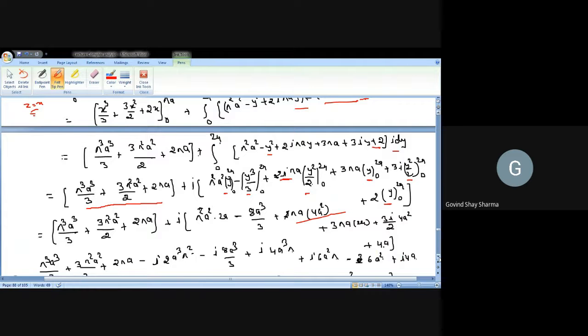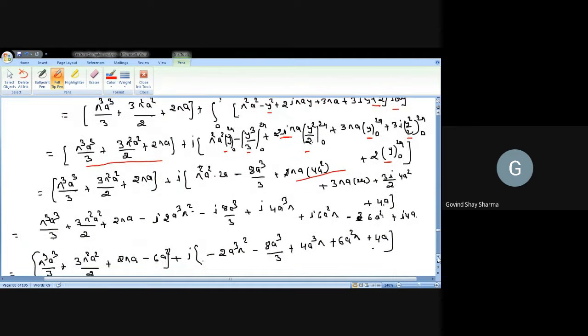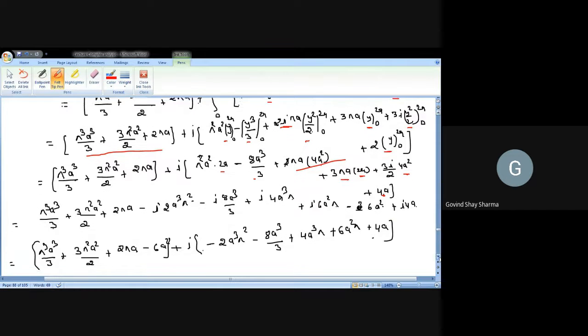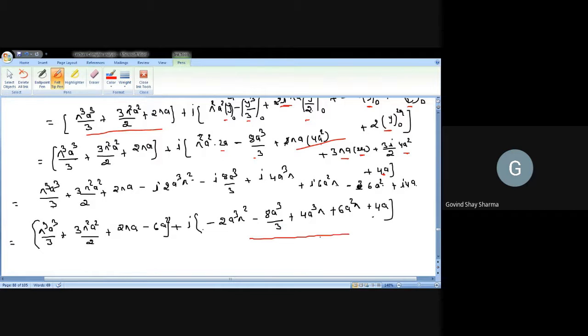Simply we put the limits: y from 2a minus 0, so it's 2a; 2a minus 0 gives 8a³; for y² put the limit for a². Similarly 3πa·2a for a², plus 4. Now segregate the terms into real part and imaginary part. This is our solution. So this is an important question.